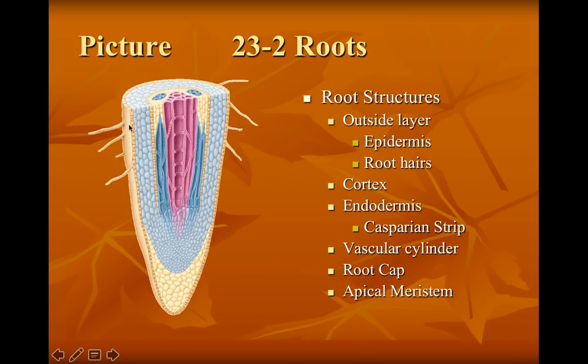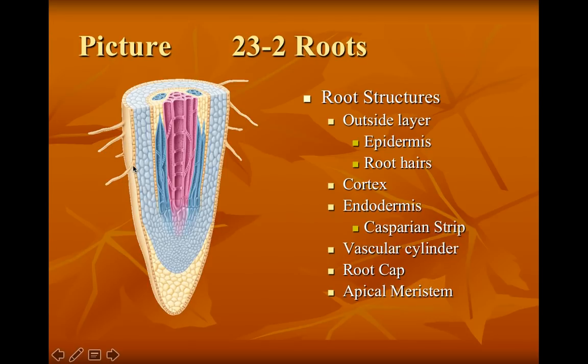So the outer layer, the outermost beige layer, that is the epidermis. That darker beige color forms a single layer. Remember, it's dermal tissue, so it's a single layer of epidermal cells. And then some of these cells have extensions, and these are root hair cells.